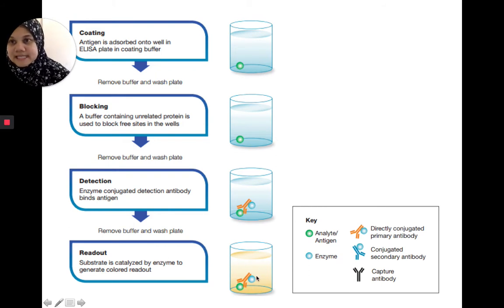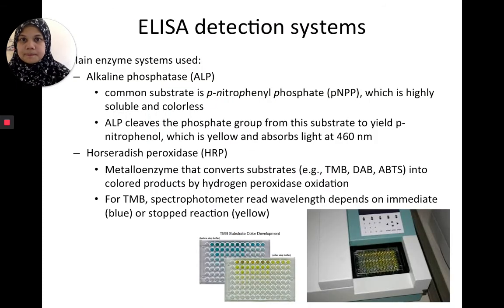And then you can add the substrate. Remember, enzymes catalyze reactions when there is a substrate. So the enzyme will catalyze the substrate to a color change, and then the color change will be visible, and you can also read it on a spectrophotometer. The enzyme system used in an ELISA is usually either alkaline phosphatase, that's one type of enzyme.